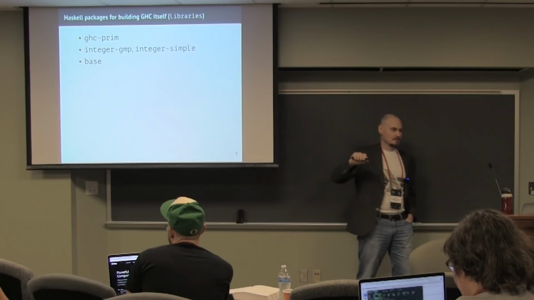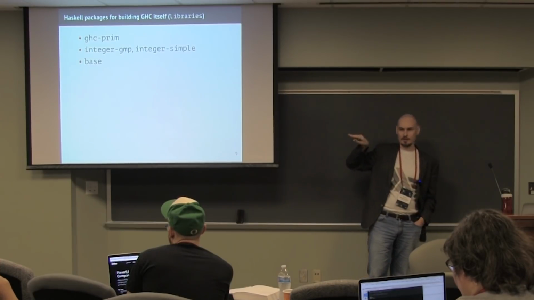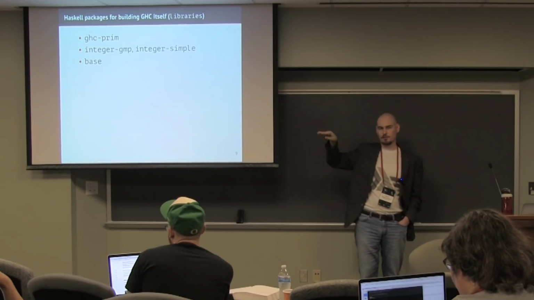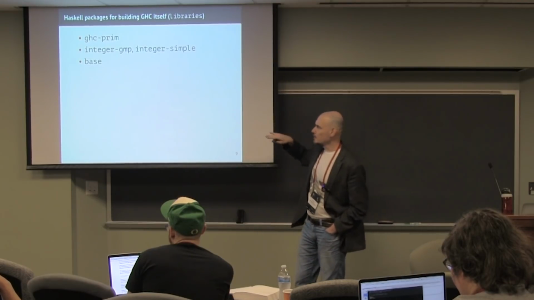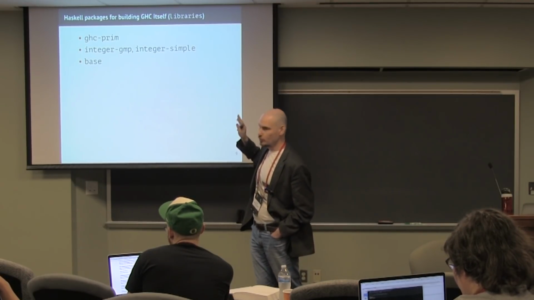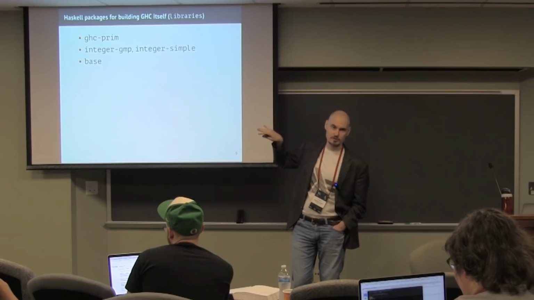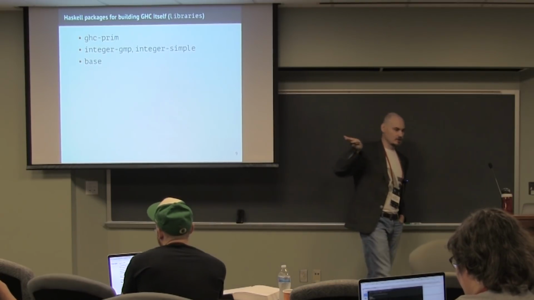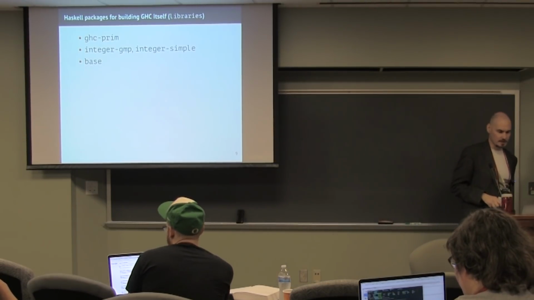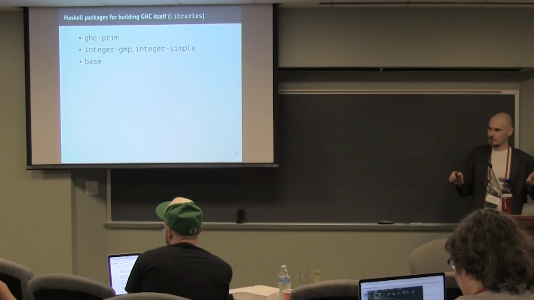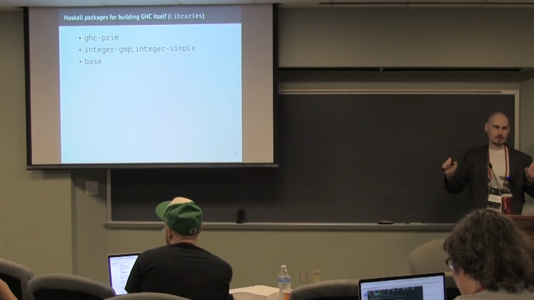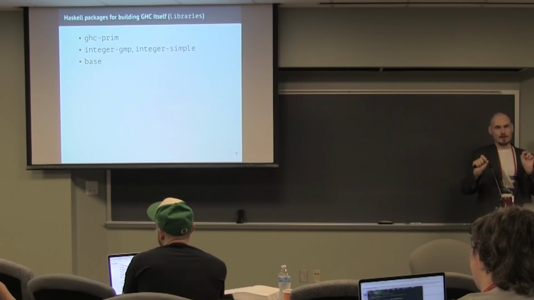And then you have to compile the base library. It's the third step. You will need nothing more. You will need the integer library and GHC Prim, and then you are able to build base. And when you have base, you have several other libraries to build. These libraries are quite special.